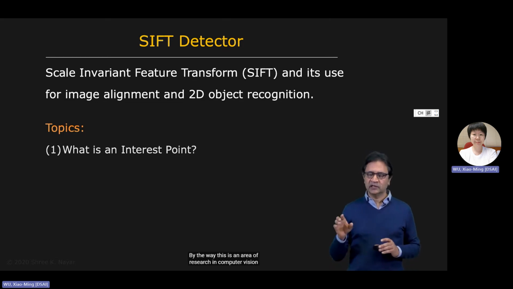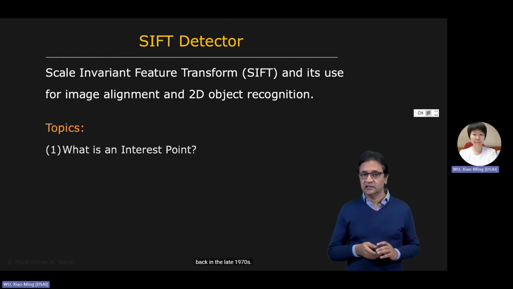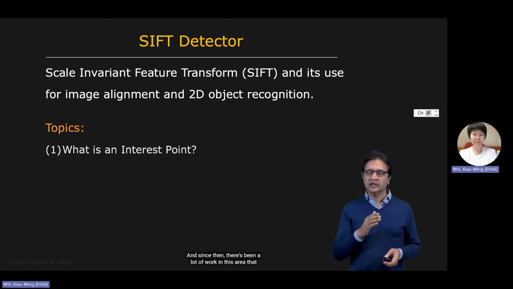By the way, this is an area of research in computer vision that has a long history. I think the term interest point really came from Hans Moravec back in the late 1970s. He was looking at what are interesting points in the context of robot vision. Since then, there's been a lot of work in this area that goes to say that edges and corners are not really interesting enough points for a lot of applications.